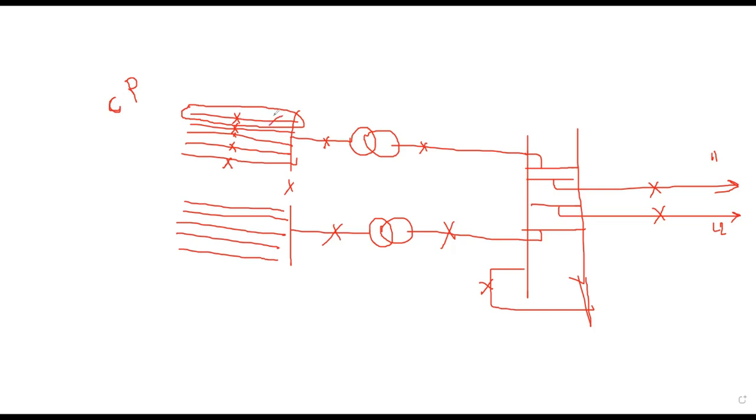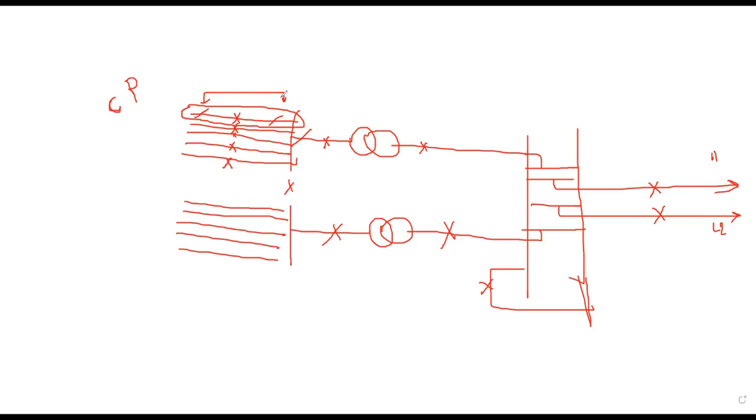On either side of the breaker, we have an isolator, right? And again, we have an isolator here. Now if I want to open this breaker, I have to ensure the status of these two isolators.